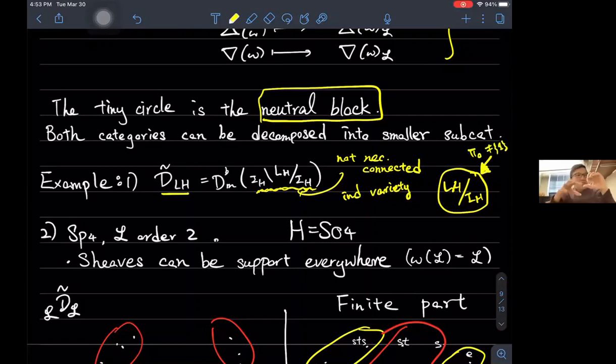So in other words, for the neutral block, what I mean is I just consider the sheaves supported on the neutral component, namely the component containing the identity element.